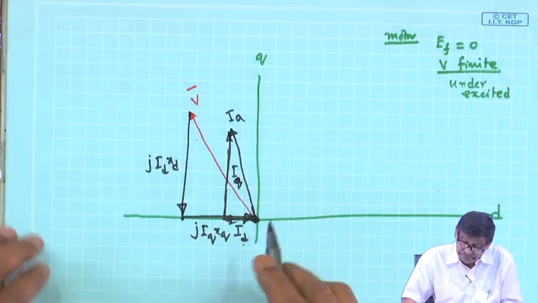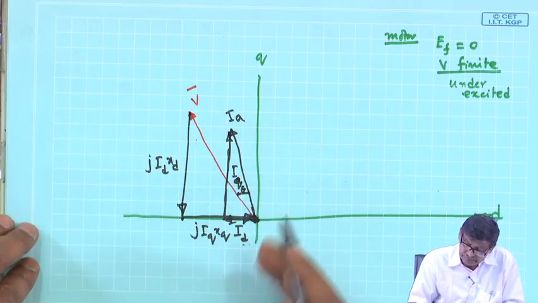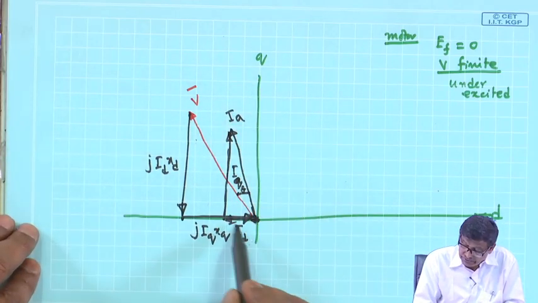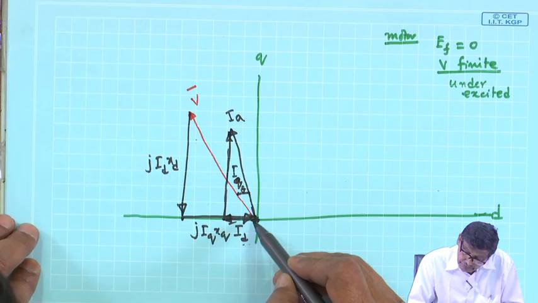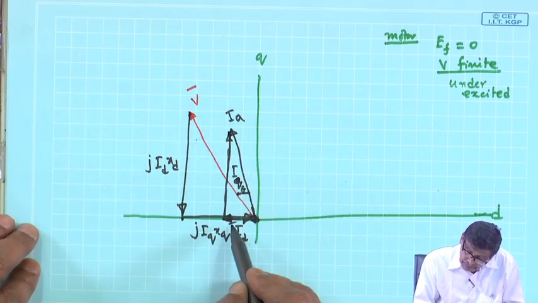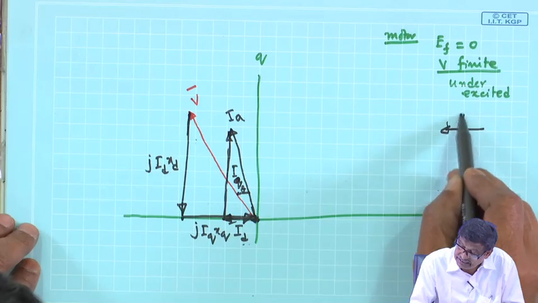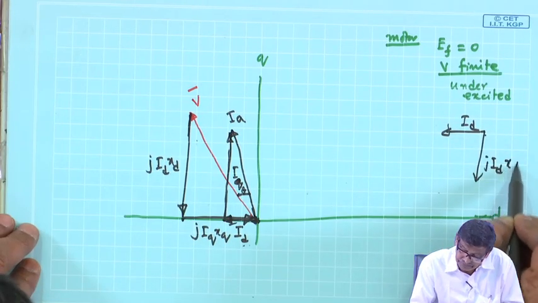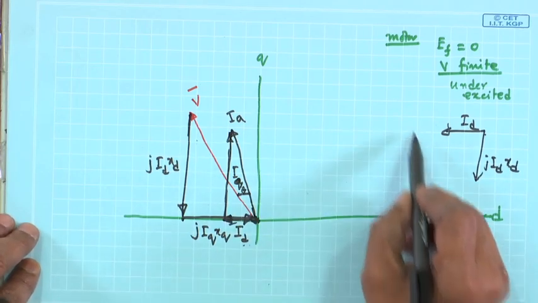Okay, lagging power factor, that is, this is theta, IA has to be in this quadrant. So that ID is this way, IQ is this way, then V plus J ID XD. ID was here like this, J ID XD is like this, and IQ of course was vertical.